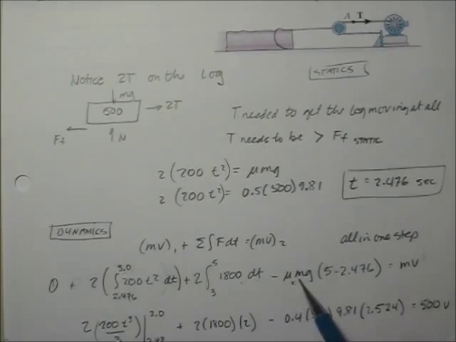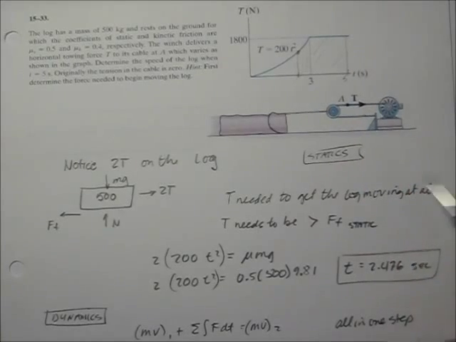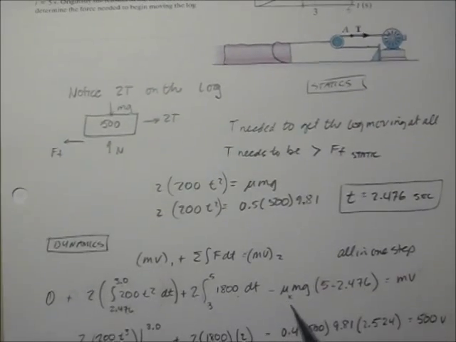Now the friction force operates throughout the entire time frame. In other words, as soon as it starts moving from here to here, I've got friction slowing it down. So that's going to be our kinetic coefficient of friction, so it'd be mu mg times the time, which is 5 minus 2.476 seconds.